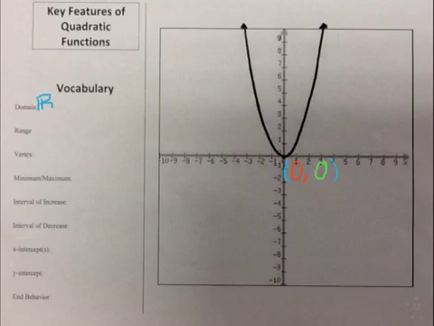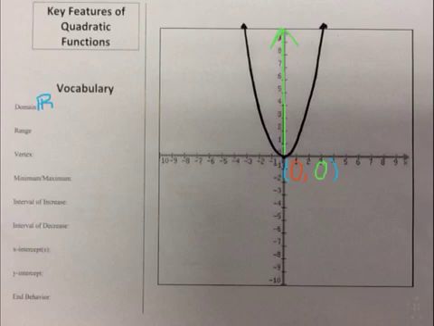So your range is the lowest y value to the highest y value. Your vertex point, the y coordinate, tells you the value of the y. So here, y doesn't go below 0, but it keeps going up and up forever, right? So y keeps going up.